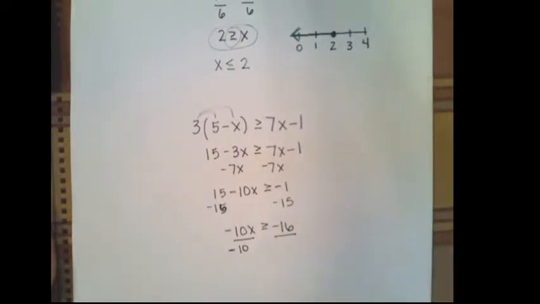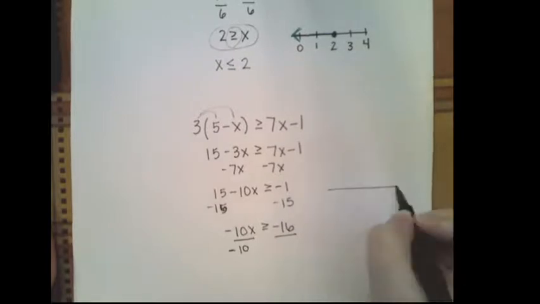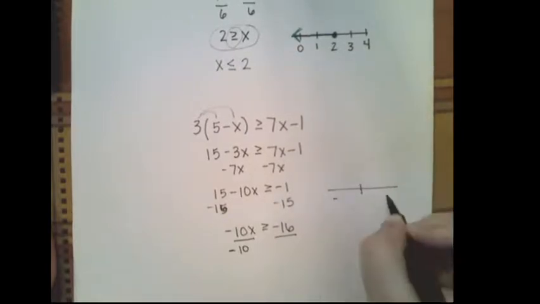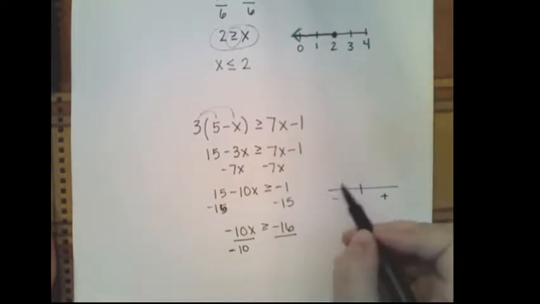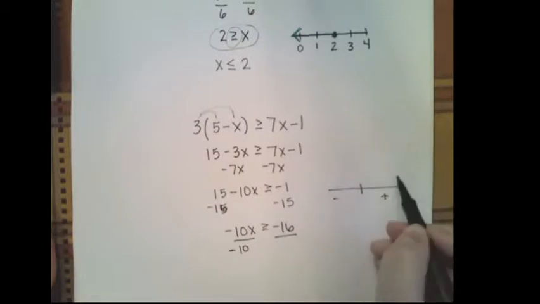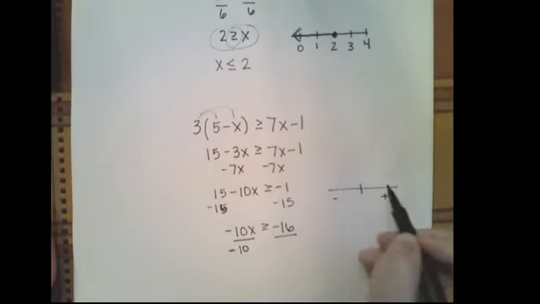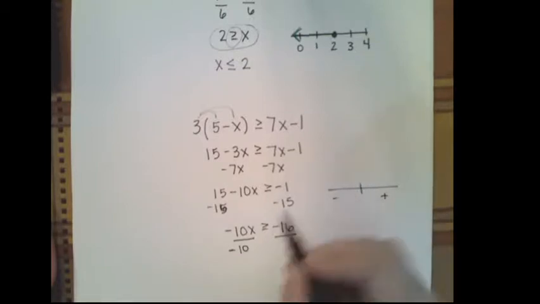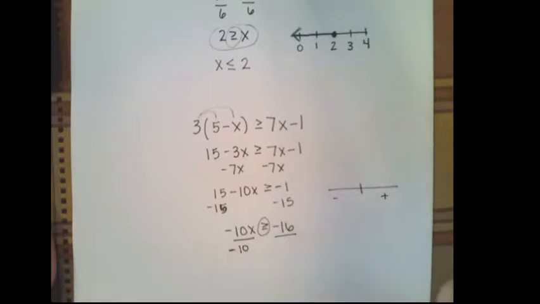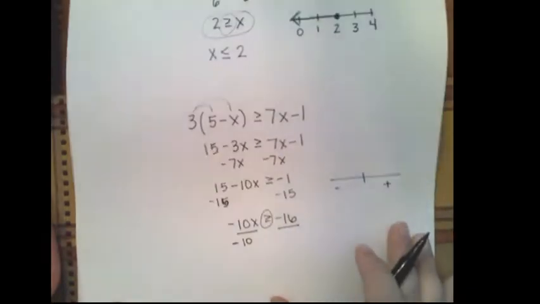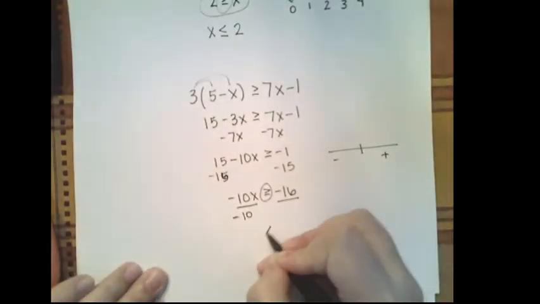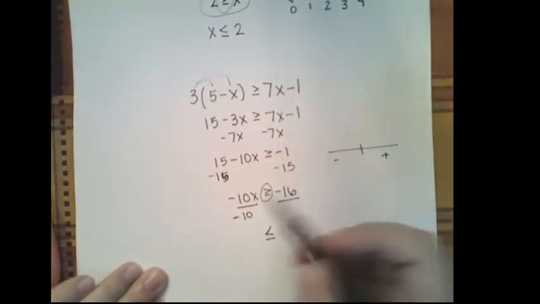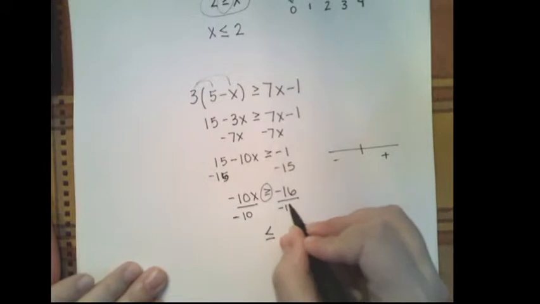And when we're thinking negatives and positives on a number line, when I'm thinking negative 10 and moving it to positive 10, I'm flipping it across the 0. So when we do that, we need to flip the sign. So this greater than or equal to actually becomes a less than or equal to when you divide by a negative.